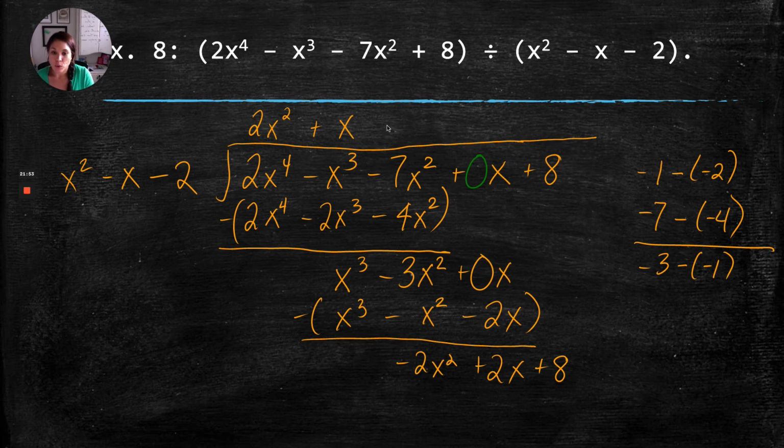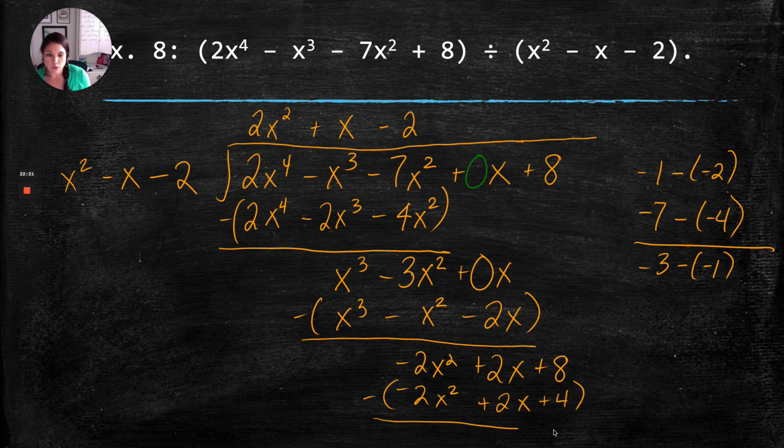It goes into it negative 2 times, because negative 2 times x squared is negative 2x squared. Remember, we are subtracting. Negative 2 times negative x is a positive 2x. And then negative 2 times negative 2 is a positive 4.